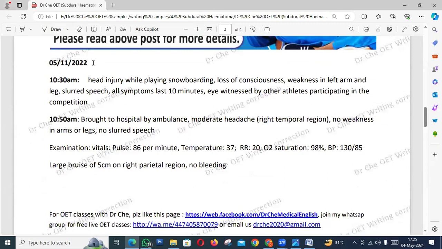First, on the admission date, what happened at this time, and at this time, and at this time? Sometimes in the real exam, you get questions in which they give the exact time.